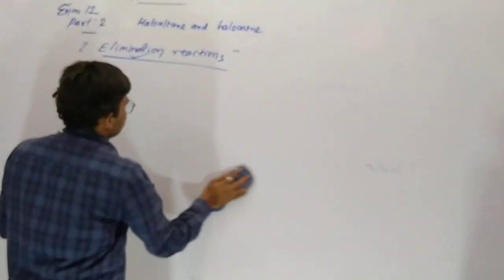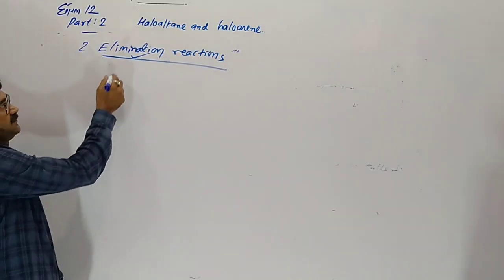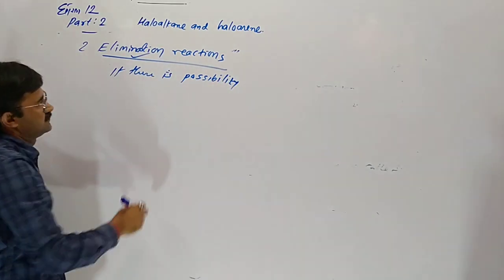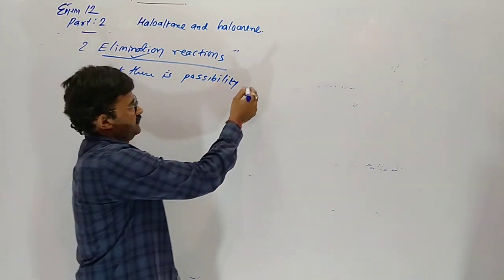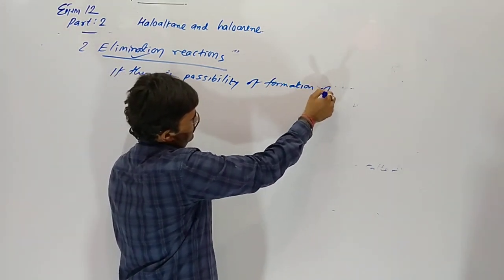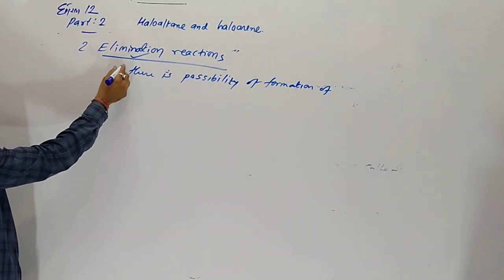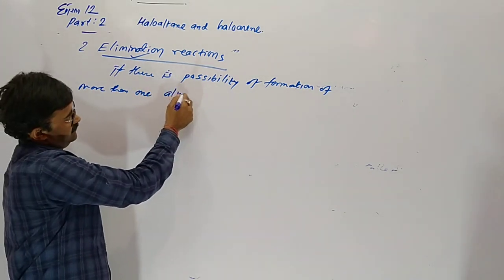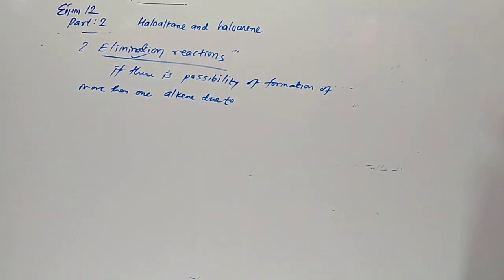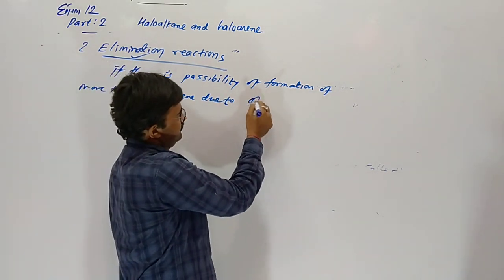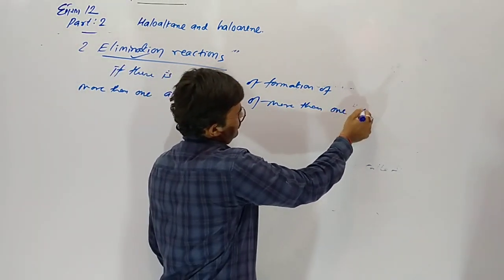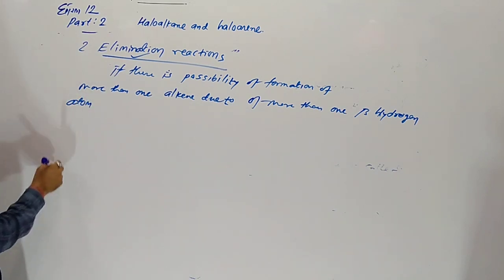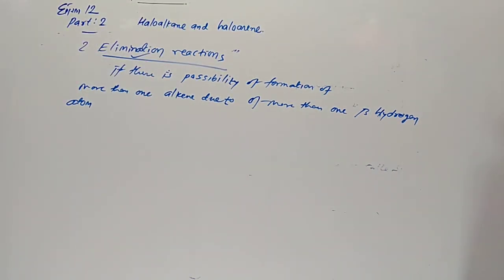Now in the same, if there is a possibility of formation of more than one alkene, that is, availability of more than one beta hydrogen atoms, yes, so which product will be the main?